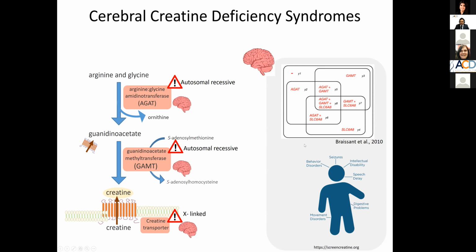And on the right-hand side, in the square, you can see a diagram from Bryson and colleagues. These are the brain cells, and what you typically see here is a different cohort of brain cells, with GAMT, AGAT, and SLC6A8, which is the gene encoding the creatine transporter.